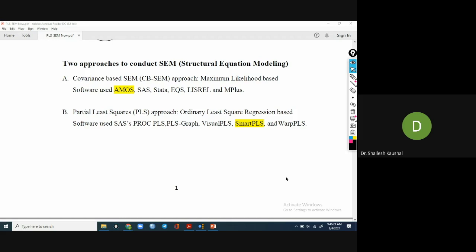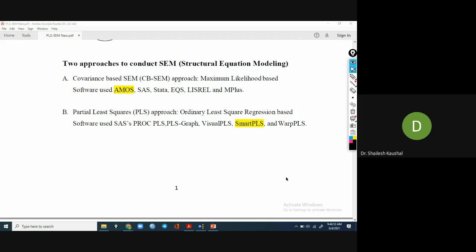We find the covariance among the constructs, and we use maximum likelihood, and the software available for performing CBSEM are AMOS, SAS, Stata, EQS, LISREL, Mplus, and R. AMOS is user friendly and good software too.